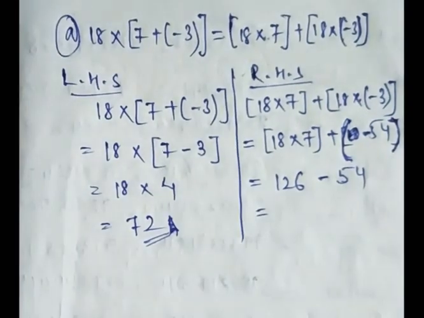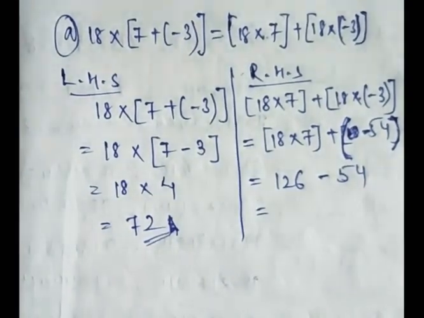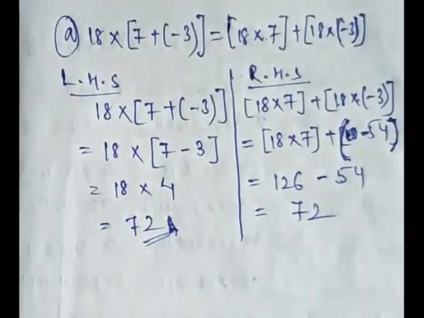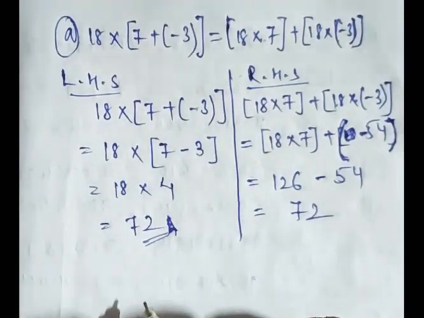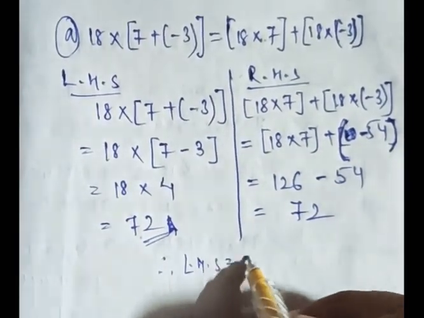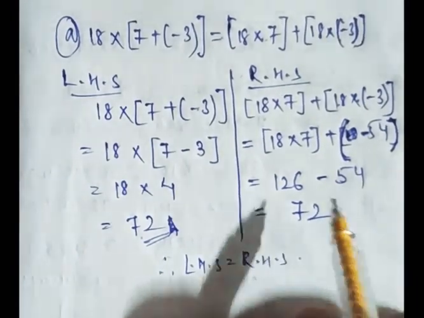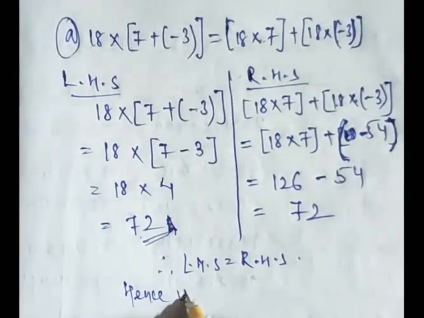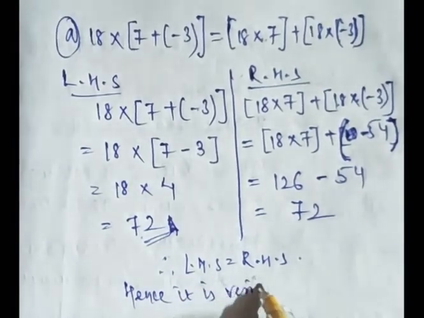So 126 minus 54 is how much? It is 72, right? So our LHS and RHS are similar, that is 72 and 72. Therefore LHS is equal to RHS, hence it is verified.